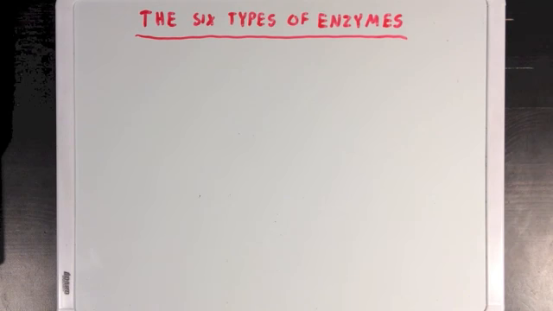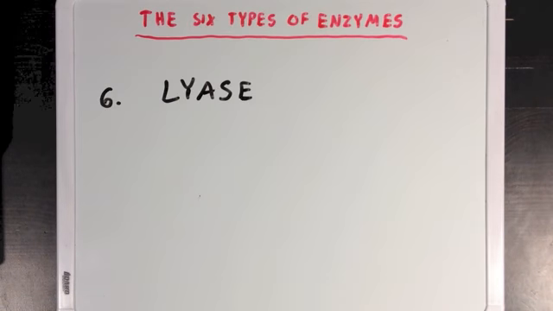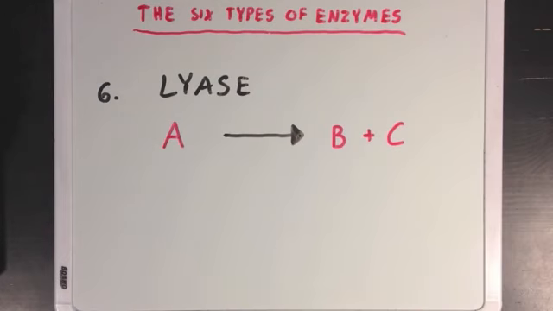Now, our last category is a little more complicated than the others, and it's the lyase group. Now, lyases catalyze the dissociation of a molecule like molecule A into molecule B and C without using water like hydrolases would, and without using oxidation or reduction like an oxidoreductase would.